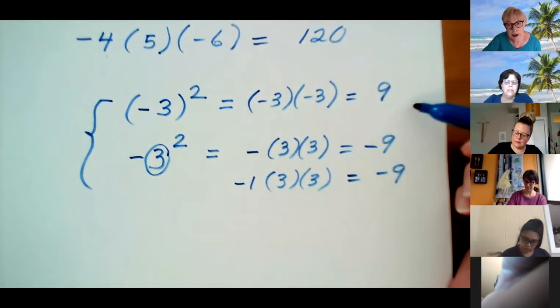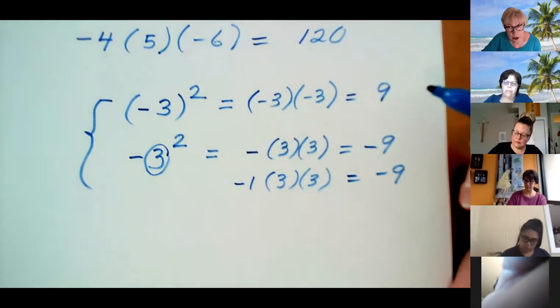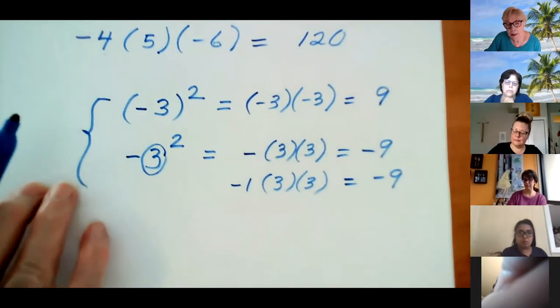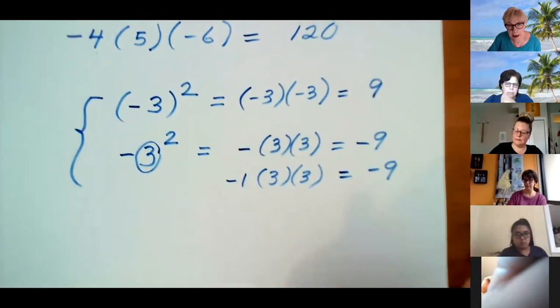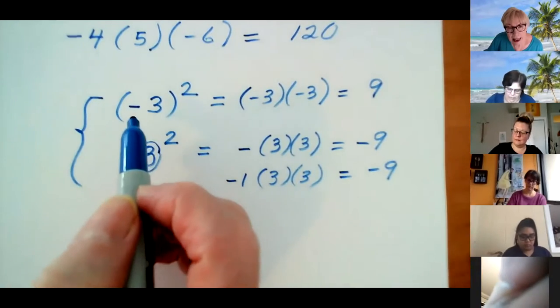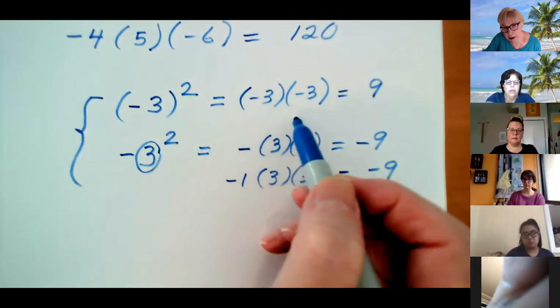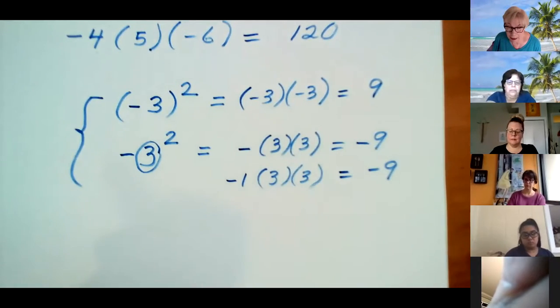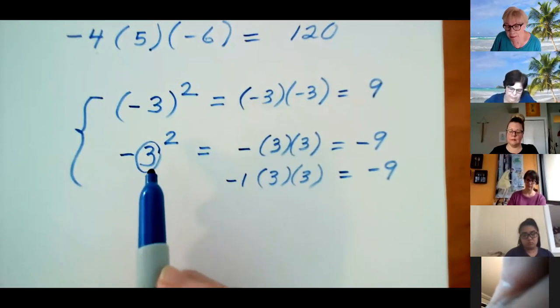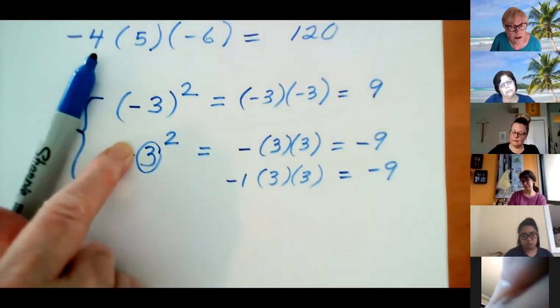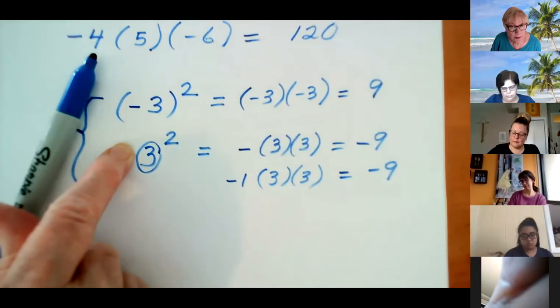These two problems create issues for students. Can you see it? The parentheses are so good because they tell you exactly what the base is, what the number that's being repeated. And so that's really good. But this one here, it's order of operations, to be honest with you.